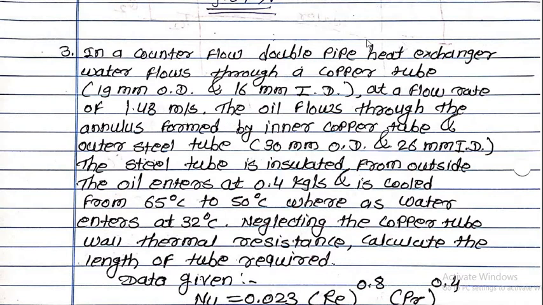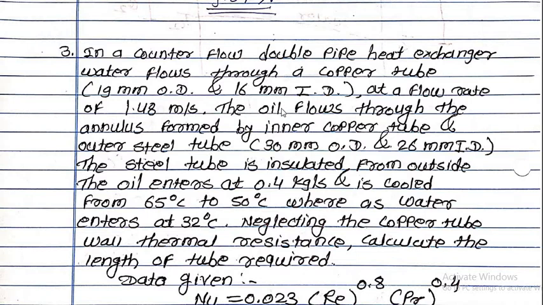So a counter flow double pipe heat exchanger is there, and through one tube, the copper tube, the water is flowing, and for that tube inner diameter and outer diameter are provided. The flow rate of water is provided as 1.48 meter per second.